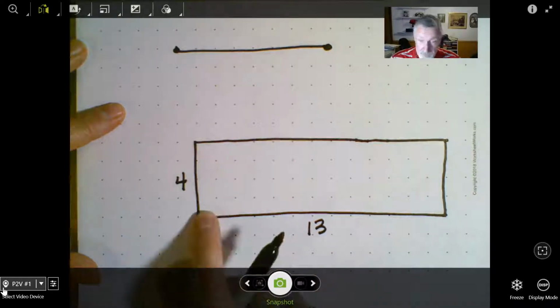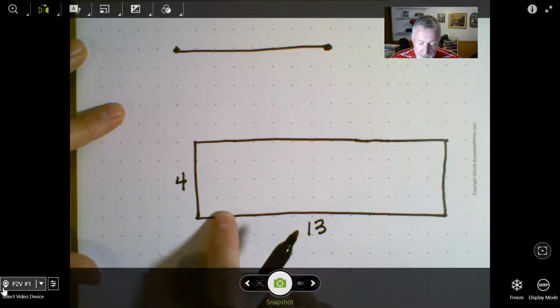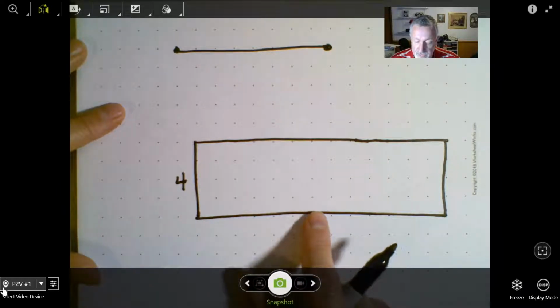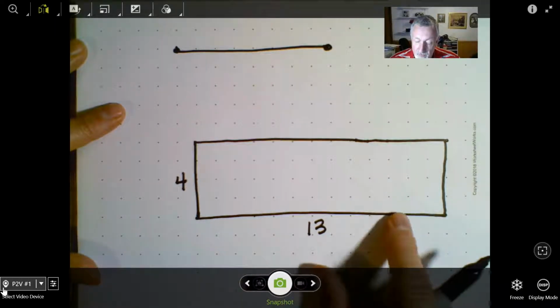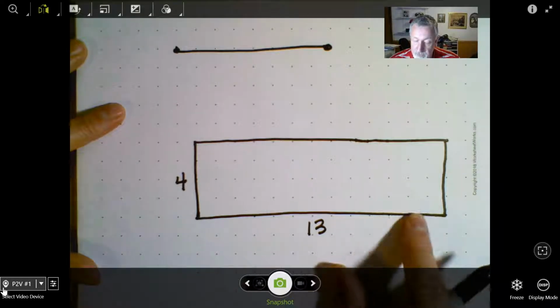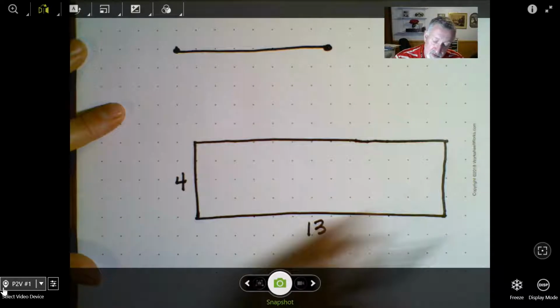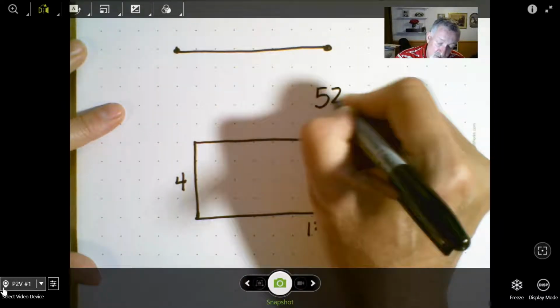I can count by fours. If I can do that to 13, I think I can. 4, 8, 12, 16, 20, 24, 28, 32, 36, 40, 44, 48, 52. So I'm looking at a measurement for the surface area of this to be 52 units.